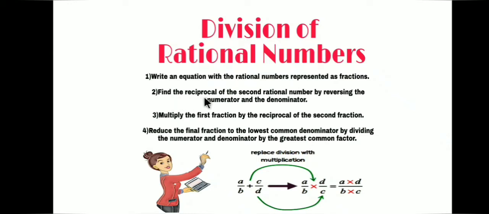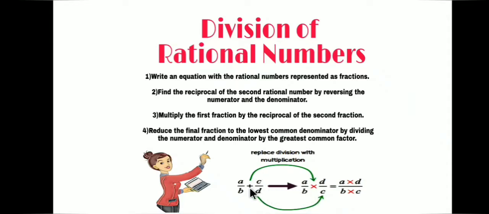Then find the reciprocal of the second rational number by reversing the numerator and denominator. Now in the second step, you have to write the first number as it is. The first rational number will be written in the same way, and for the second number we will find its reciprocal, and we will write the reciprocal in place of the second rational number.